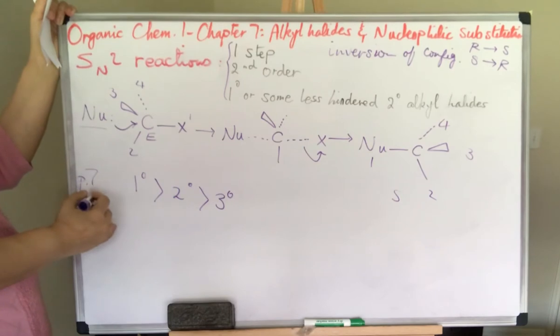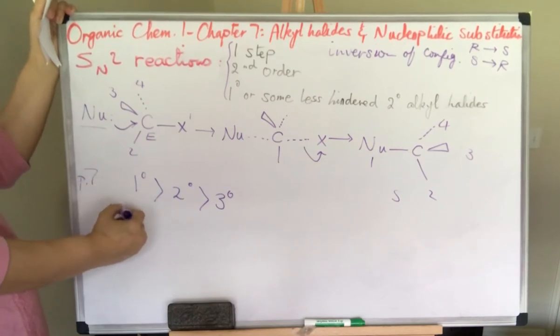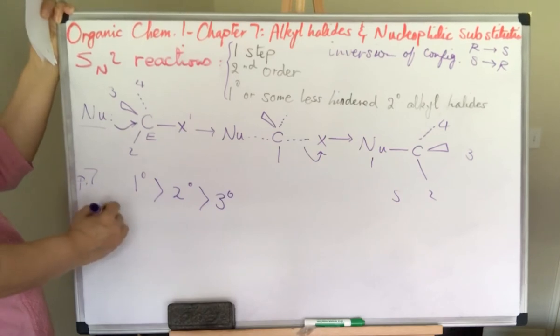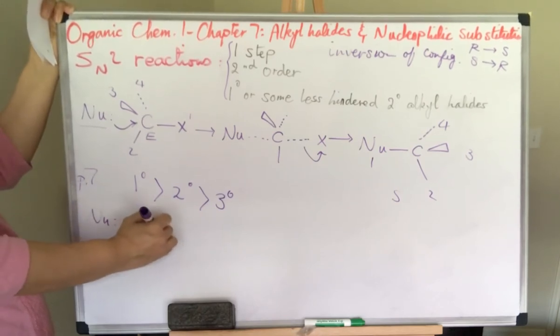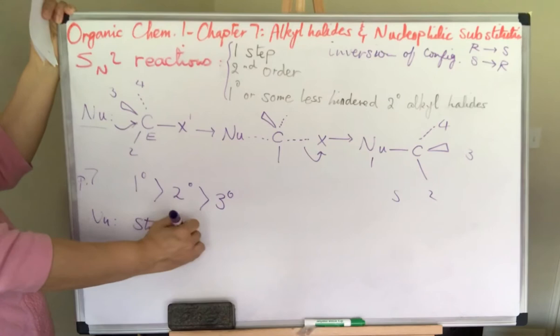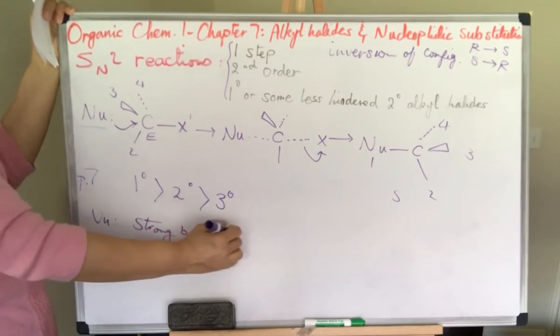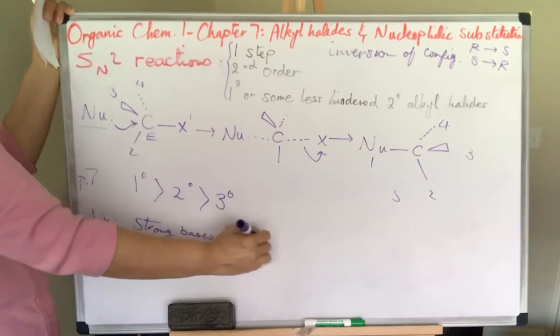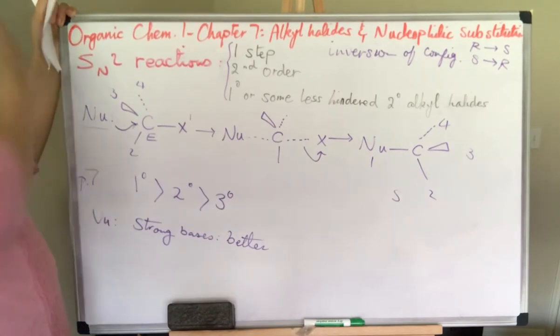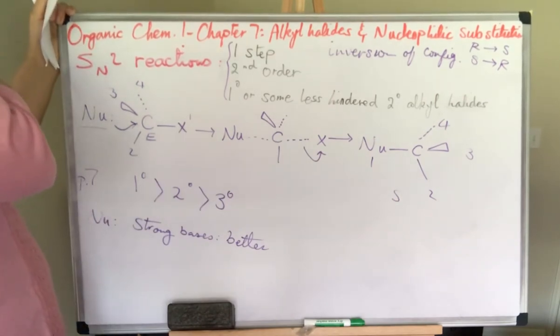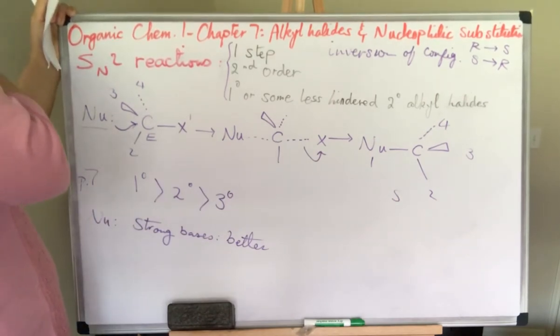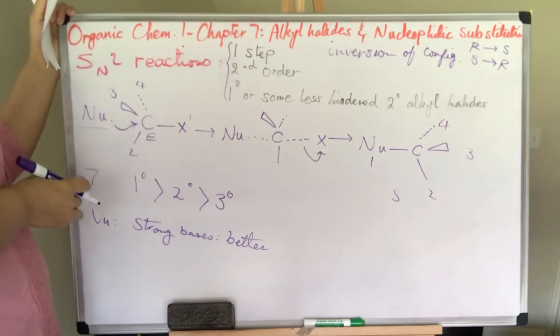As far as the nucleophile, strong bases are better. So from left to right and down in the periodic table, the nucleophilicity increases. And of course, negative nucleophiles are better.